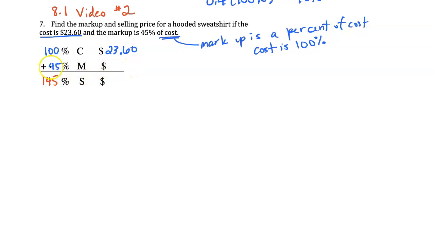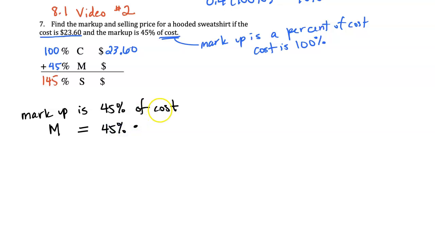I like to make that middle row into an equation. Markup is 45% of cost. Again, they told us that the markup is 45% of cost. Filling in what I know, I don't know the markup dollar amount, I'll leave it M, is equal to 45% of, which is our multiplication, and I'm going to use the cost value of $23.60.